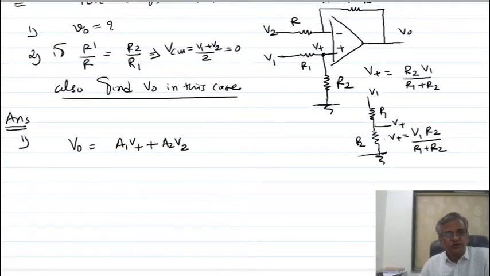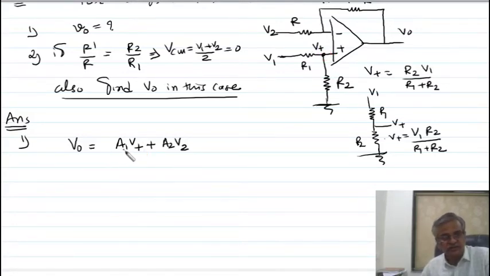See, using the superposition principle we can write A1 into V1 plus A2 into V2. Here, instead of V1, I use V plus, because the voltage at the input terminal of the non-inverting side is V plus.